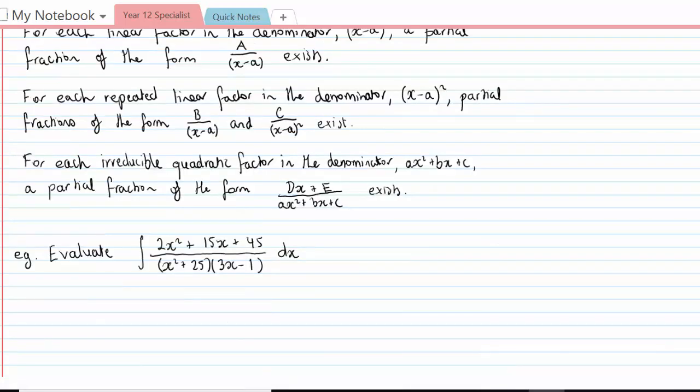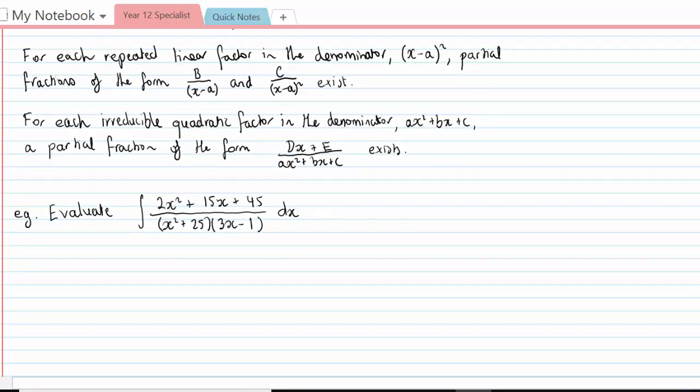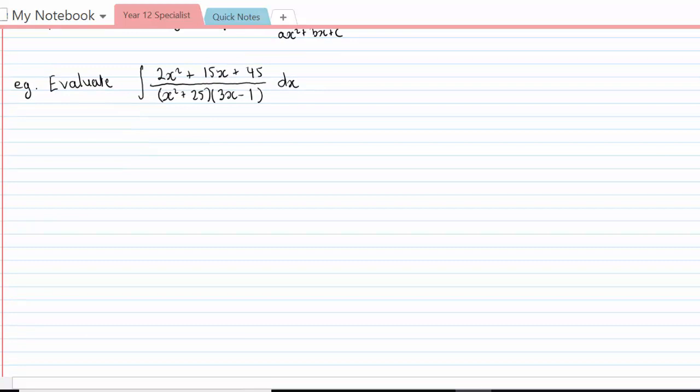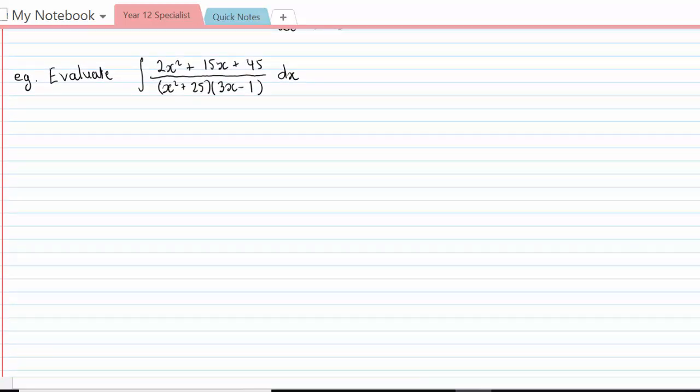So I've got this first question here. Evaluate the integral of 2x squared plus 15x plus 45 all over x squared plus 25 times 3x minus 1. To begin with, I'm going to break this into its partial fractions.